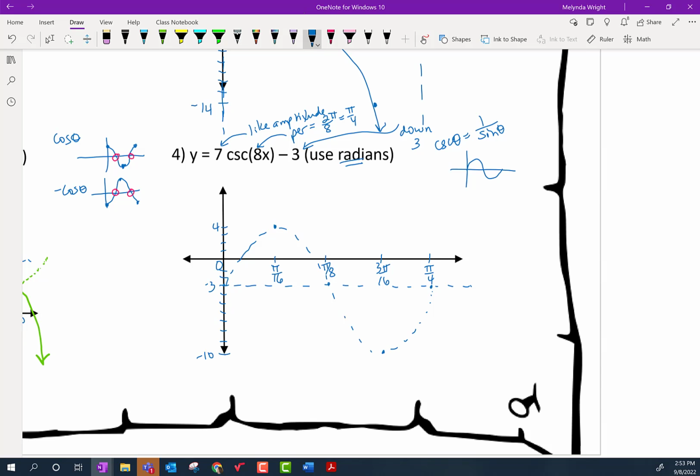So everywhere the shadow touches the sinusoidal axis is where there's an asymptote. So we have one here, we have one here, and we have one here. Okay, can you see where the little parabola guys are going to go? The parabola looking guys? I don't want to hurt their feelings, they're not really a parabola.